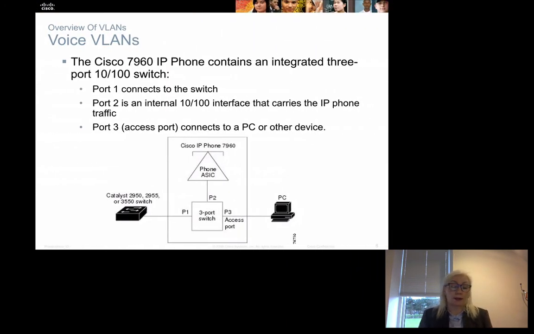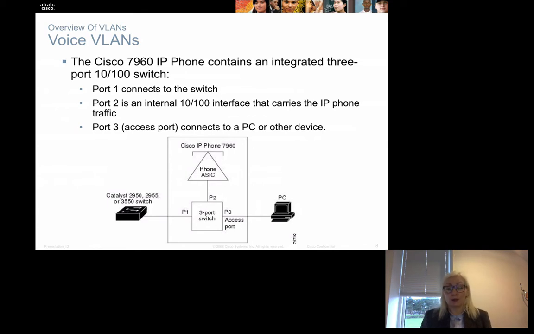Normally within an IP phone you will actually find a small switch. Normally a switch port can only belong to one VLAN at a time, but not if you have a voice VLAN, because here this IP phone is connected to a switch, and this switch will actually see two VLANs.